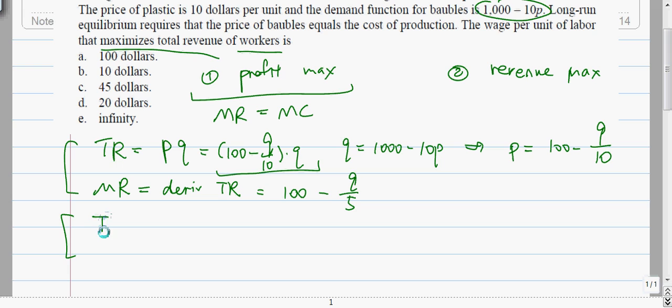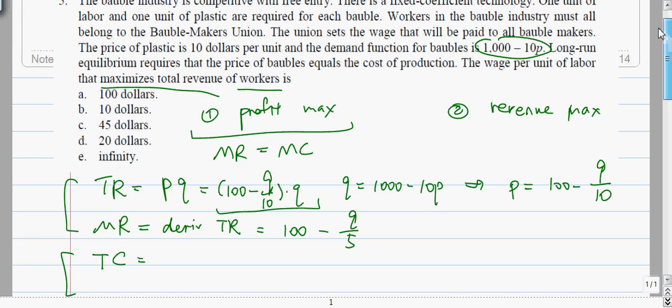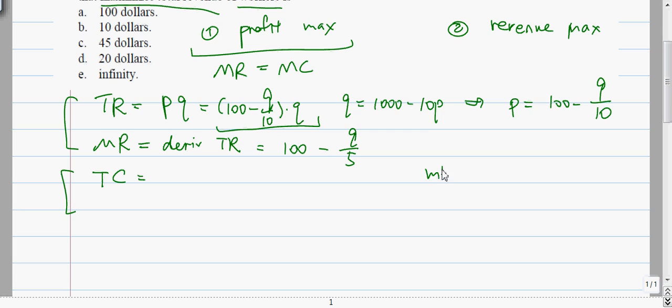And total cost is, from the question, we need 1 unit of labor and 1 unit of plastic. So what it means is the production function is the minimum of amount of labor and amount of plastic. This P is plastic, I'll use PL.